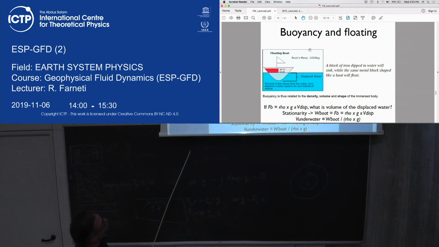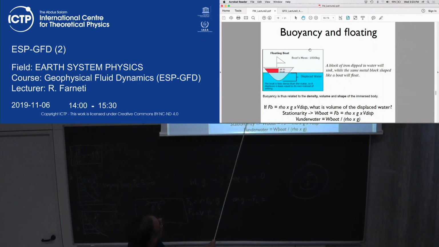The buoyancy force it experiences is the density of the water times g times this volume, and for the boat to float, that has to be equal to mg of the boat.